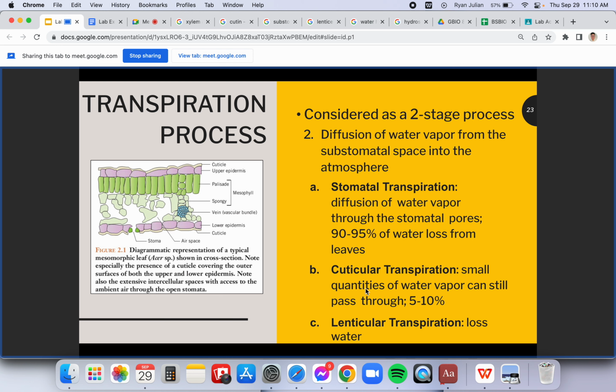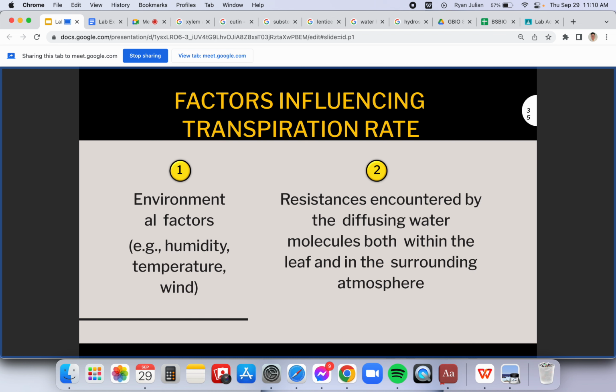And for the lenticular transpiration, which occurs in lenticels of a plant or a tree, it is the entire loss of water, leaving about 0% of the transpiration process. So again, we have stomatal, cuticular, and lenticular transpiration.